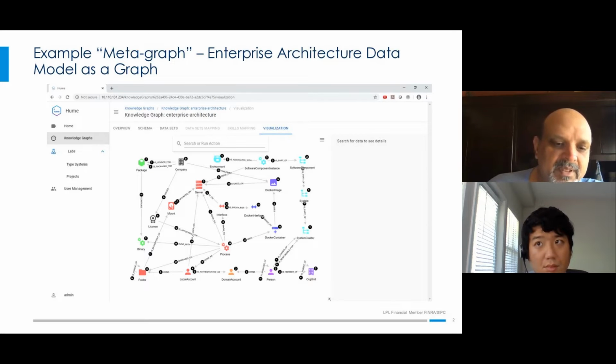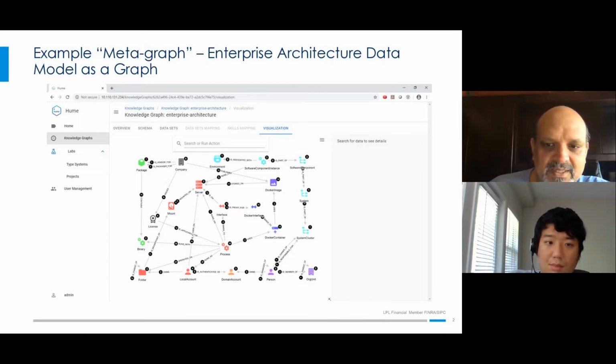Building this capability was done as a side of the desk activity, not a formal project, but the tooling that we've been using, the graph concepts, Hume's software, Neo4j's graph database, have really enabled us to do this very rapidly and make tremendous progress. The fellow presenting this is Wren, our Vice President of Foundational Architecture and Innovation. Over to you, Wren, to talk about our use cases.